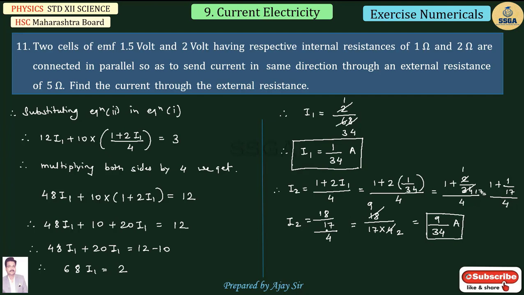So this is I2 and this is I1. Therefore the total current flowing through the external resistance is I1 plus I2.